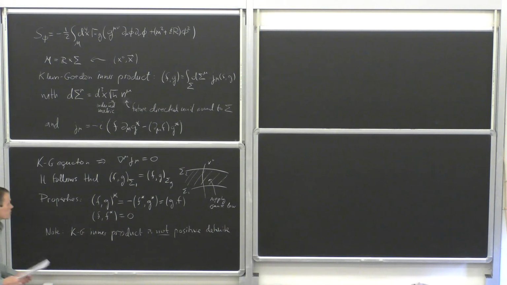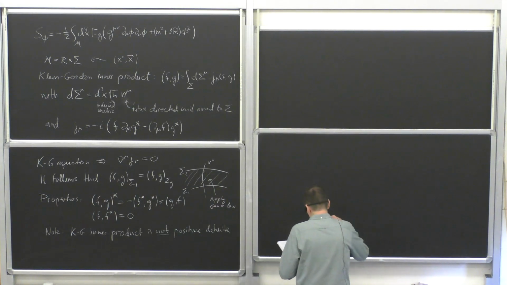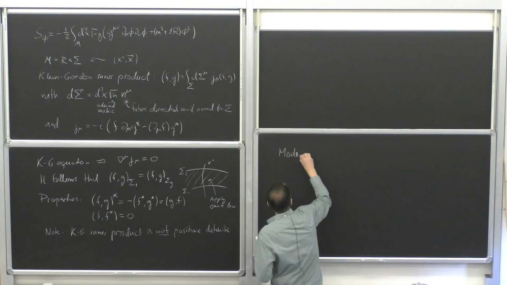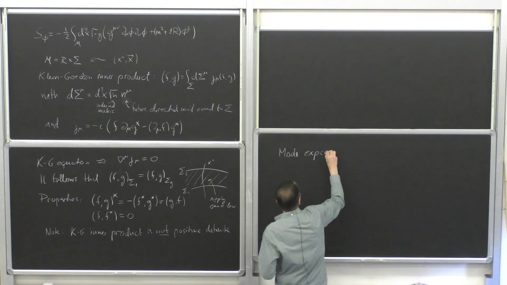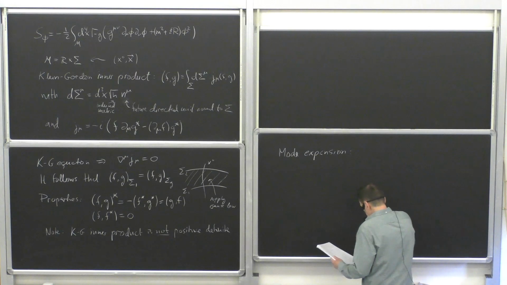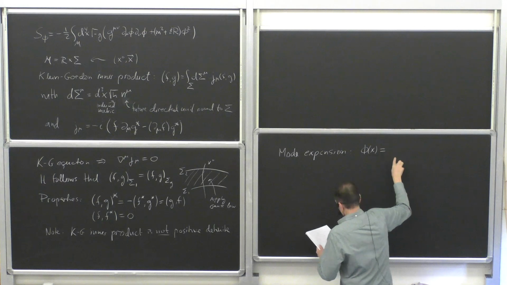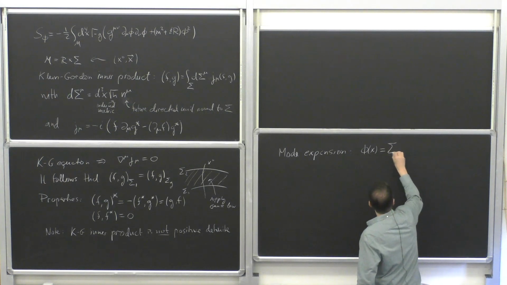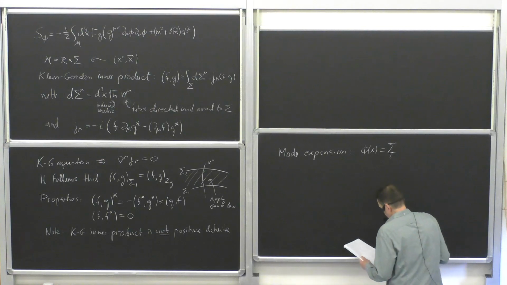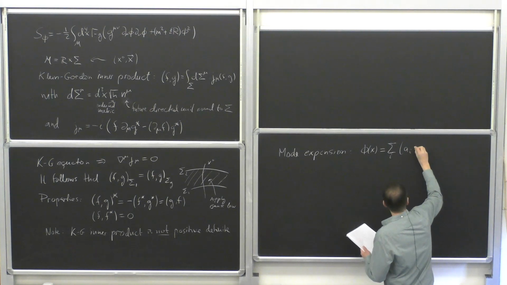Now, as I said, what I'm going to do is to write the field in terms of a complete set of orthonormal modes. I'm going to label them with i. This, of course, can also be a continuous index. I have some coefficients.